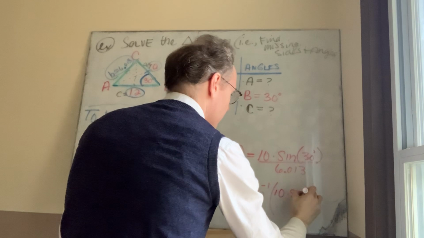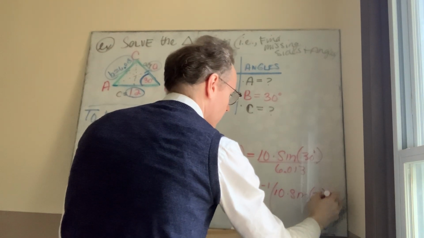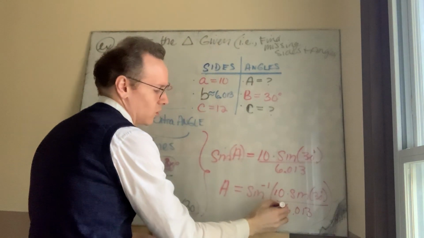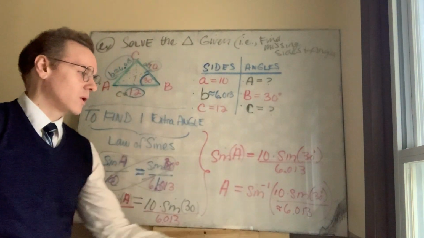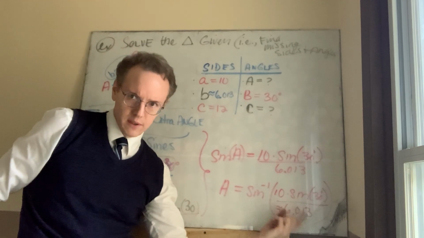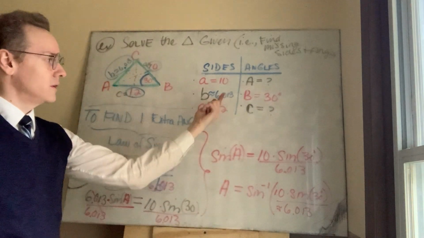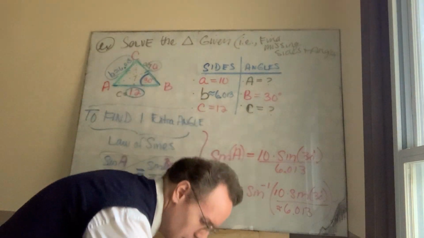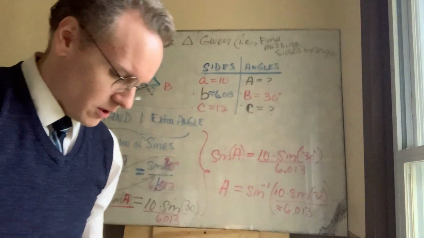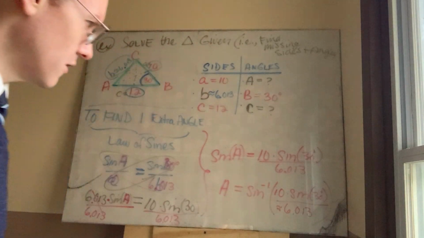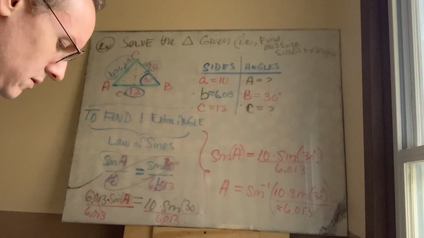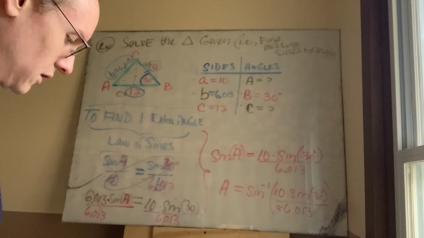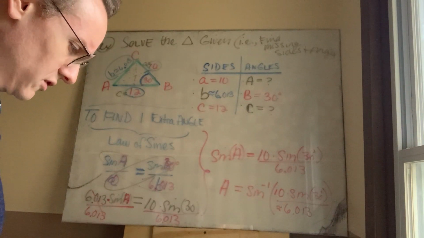So you would basically enter this into your calculator, 6.013, or at this point recall whatever form of the B dimension that you have stored. Anyhow, I'm going to enter it like so, and then I'll show you. The inverse sine of 10, put it in parentheses, 10 times the sine. Remember, your calculator should be in degree mode for this if it was given in degrees.